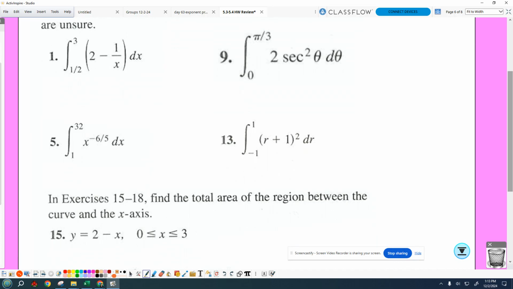Tan. Tan or arctan? Tan. Okay. Unit circle, tangent of pi over 3? Root 3.